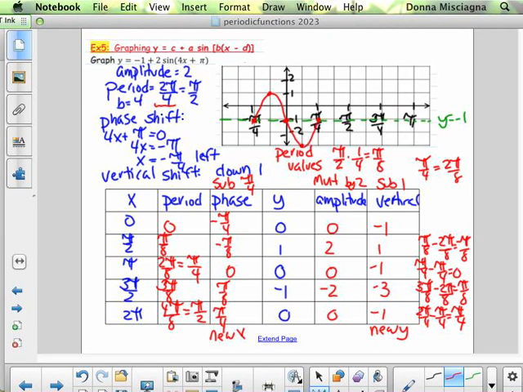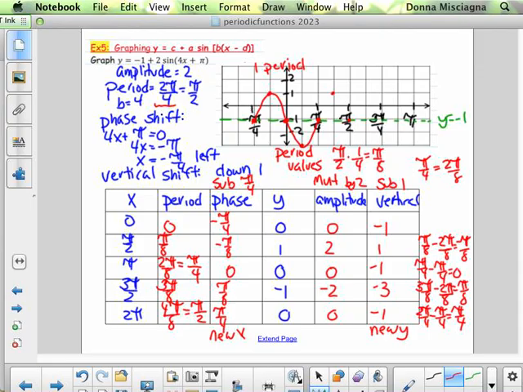And if we wanted to graph 2 periods, so this is 1 period. If we wanted to graph 2 periods of sine, we would just follow the pattern, right? So it went up, down, back to the beginning. So it would go up to the max. Next one over, it goes back to the midline.